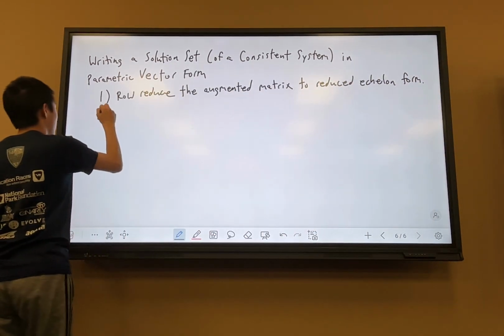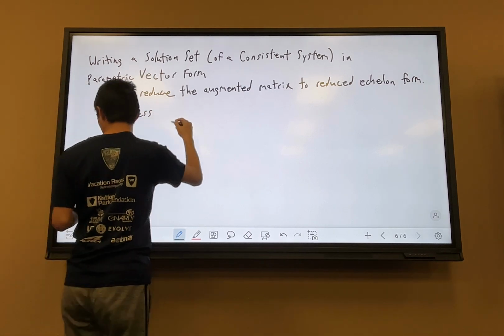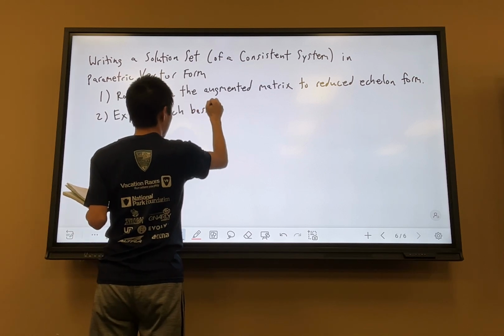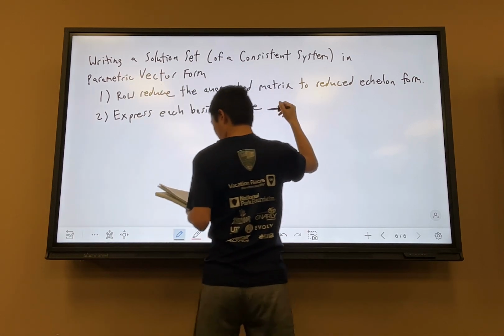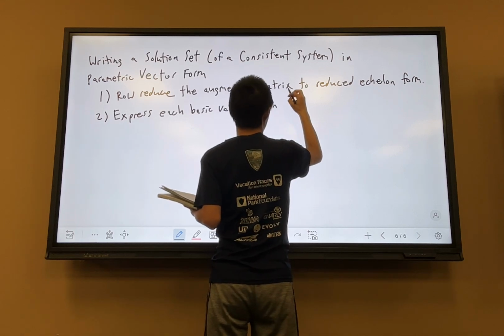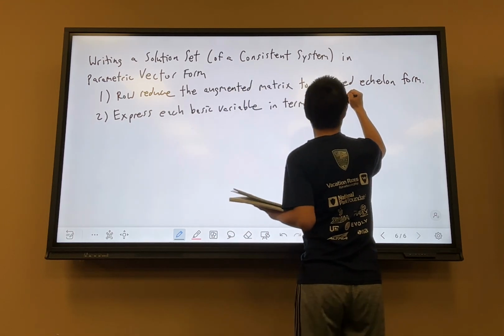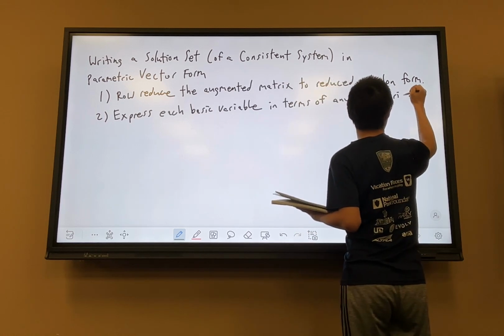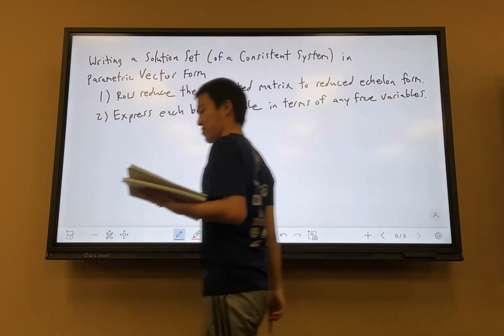Second, we want to express each basic variable in terms of any free variables, if we have them. In terms of any free variables. Obviously, if you have no free variables, then just don't worry about it.